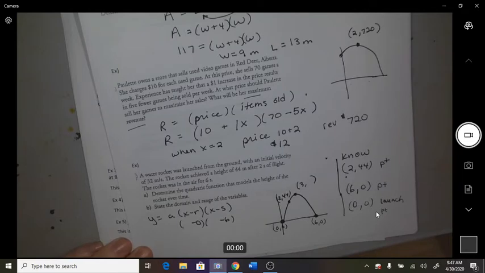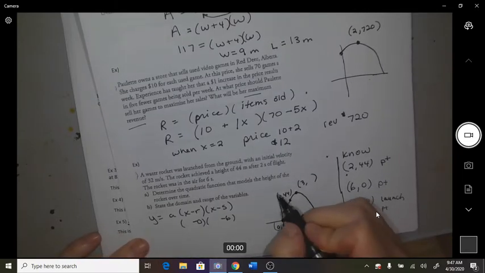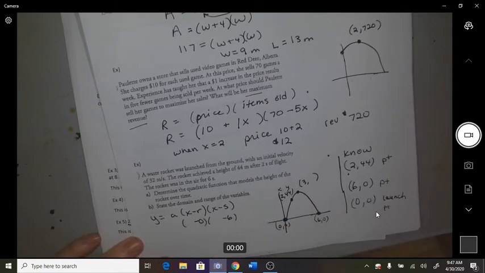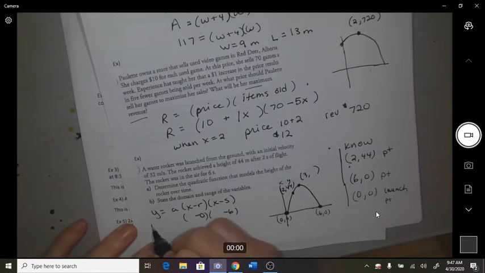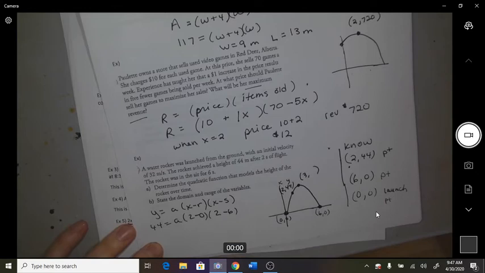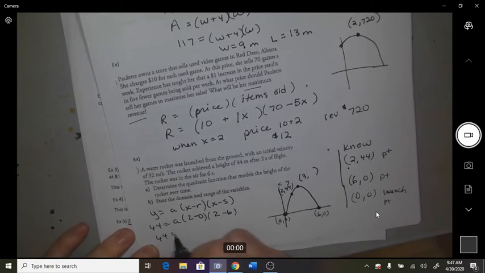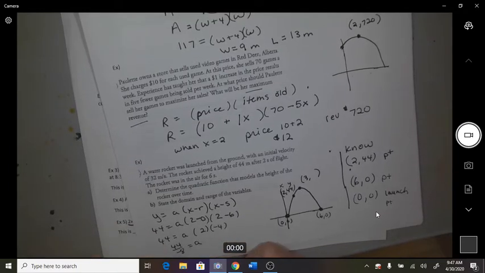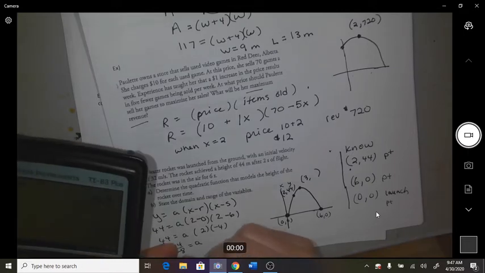And I'm going to replace my x and my y with that point that I know. So 44 goes there, 2 goes there, 2 goes there. So 44 divided by negative 8 is a. I'm not sure, does that come out to something nice for us? Negative 5.5.